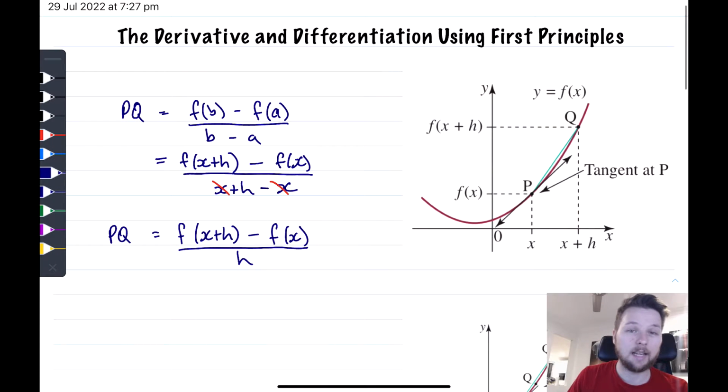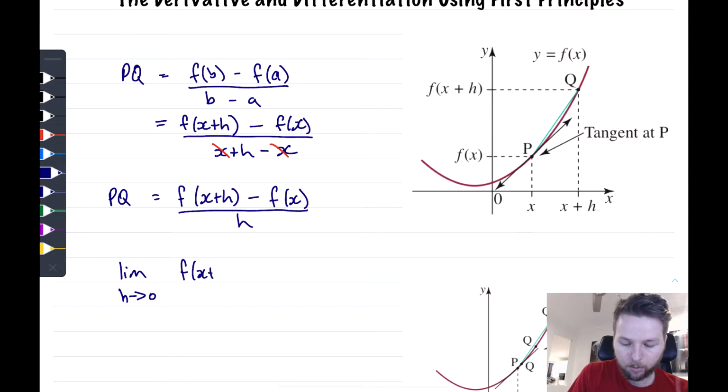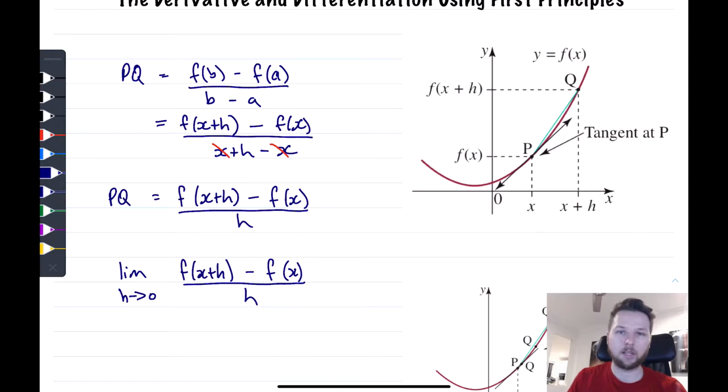Now to find our instantaneous rate of change, that would be the limit as h approaches 0 of f of x plus h minus f of x, divided by h. And then when we actually put a curve into this function, the h's on the top and bottom will cancel out, they'll divide by each other, and we'll be left with some value or some expression.